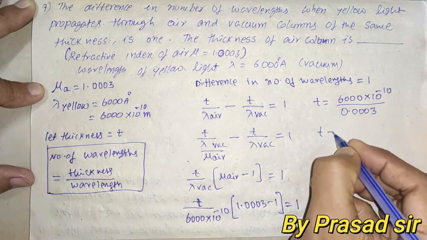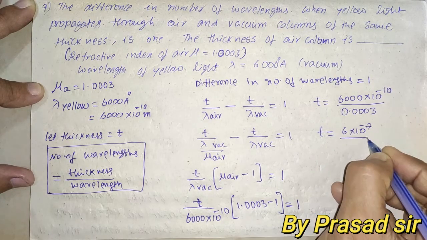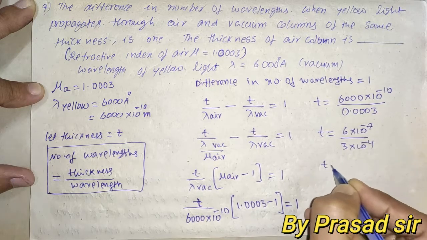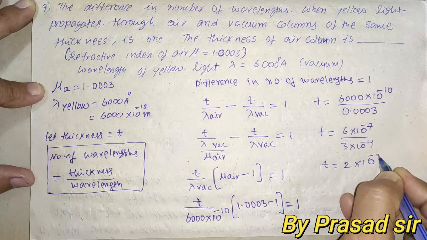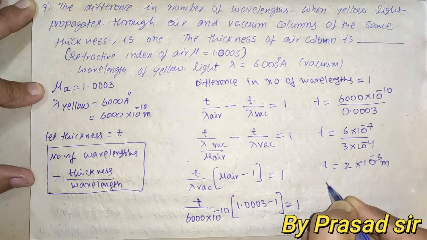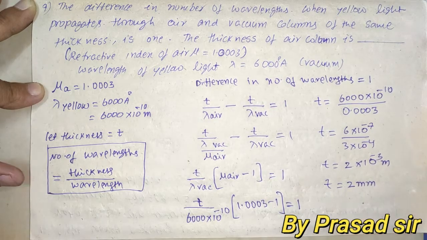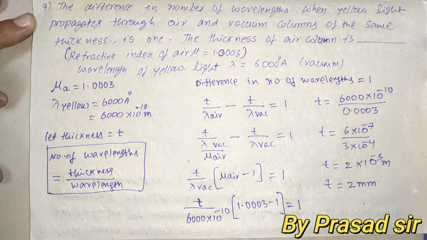So here T is equal to 6 into 10 to the power of minus 7 divided by 3 into 10 to the power of minus 4. T is equal to 2 into 10 to the power of minus 3 meters. So T is equal to 2 millimeters. This is the solution for question number 9.